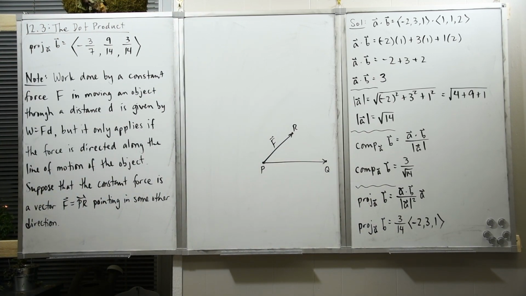We have our force vector, which is the vector PR, and certainly is not pointing in the same direction that the object is moving. But if the force moves the object from P to Q, then we have a displacement vector D, which is this PQ.